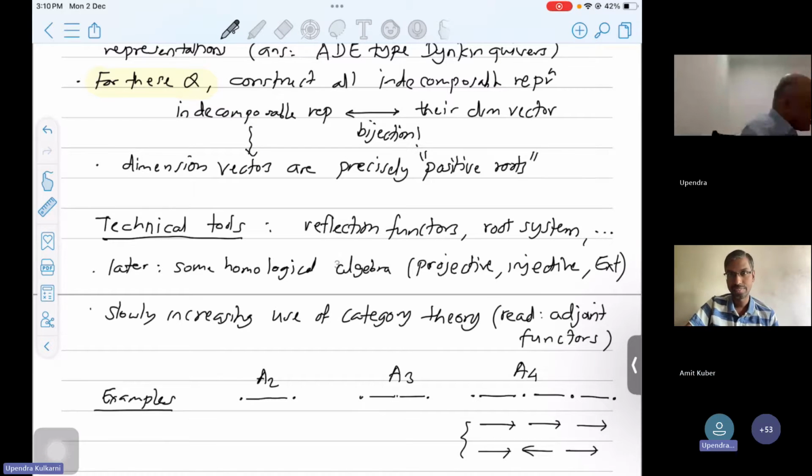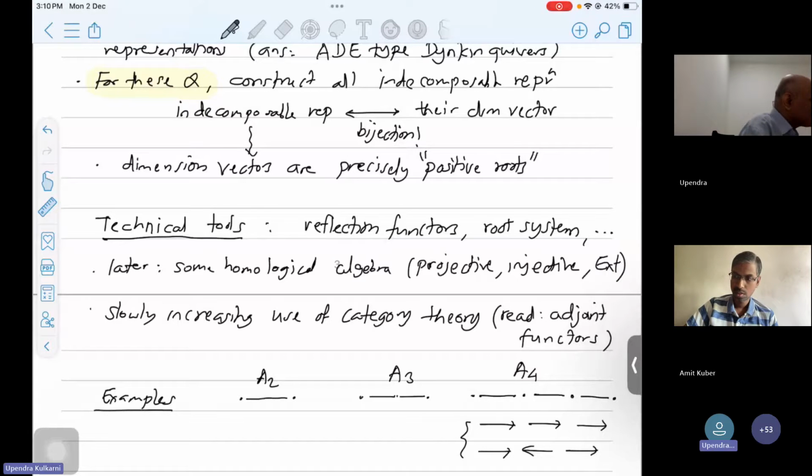Let me just add to that, there is a different way also, which we will see, which is maybe simpler. At least I know it, whereas what Amit said I do not know. When we see these reflection functors, what they do is that they appropriately change orientations of some arrows and give me a representation of a new quiver starting with a representation of the old quiver.